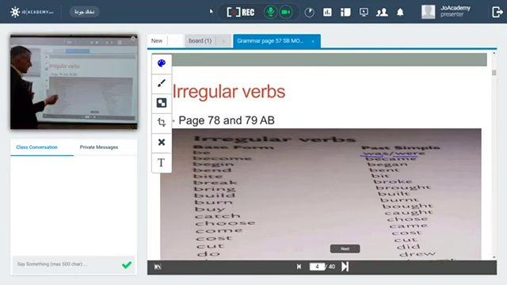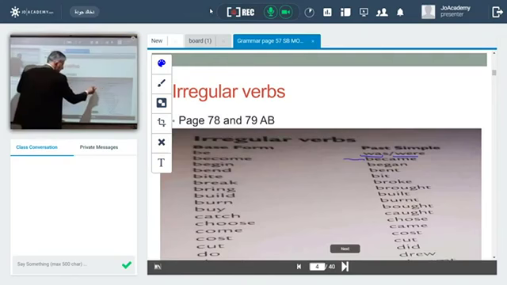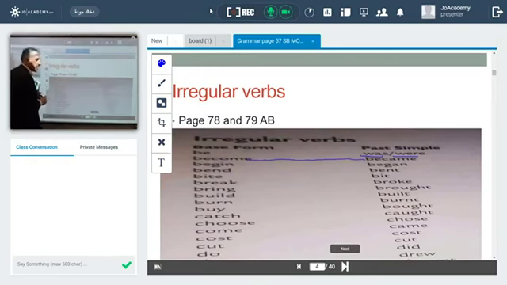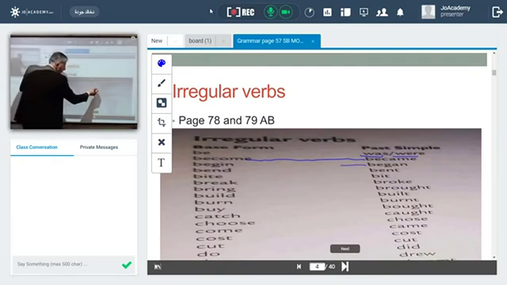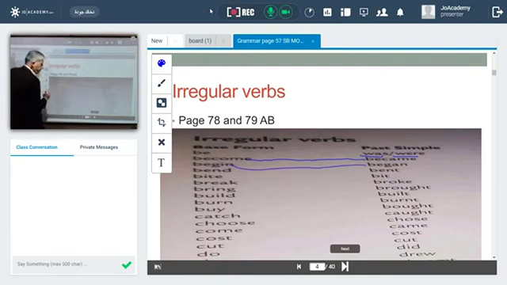Become here, it became. Become, became. Begin, began. Okay? Bend, bent. Bite, bit.